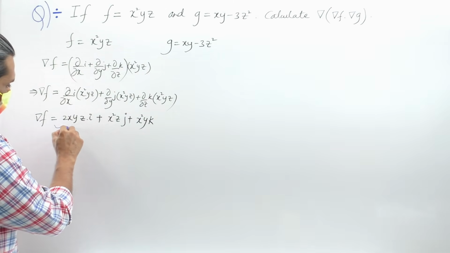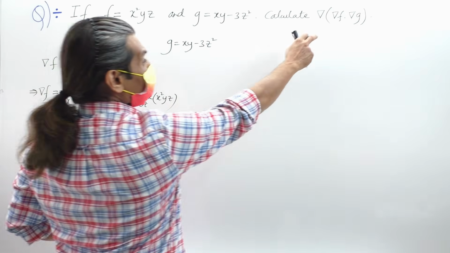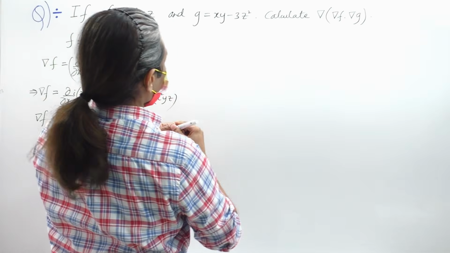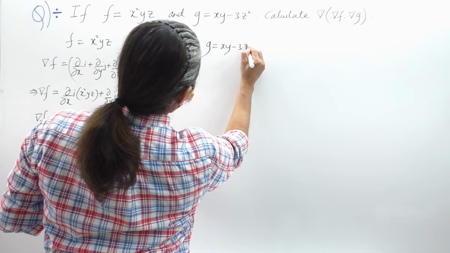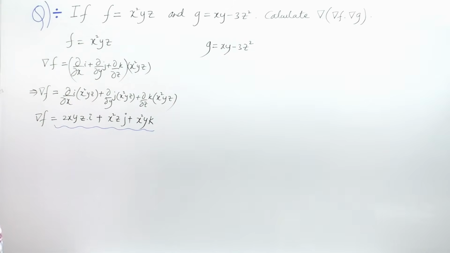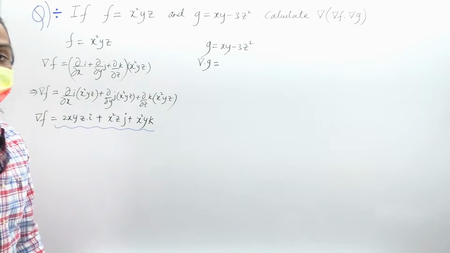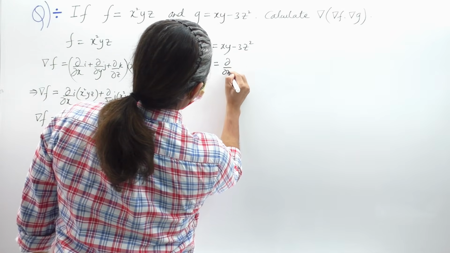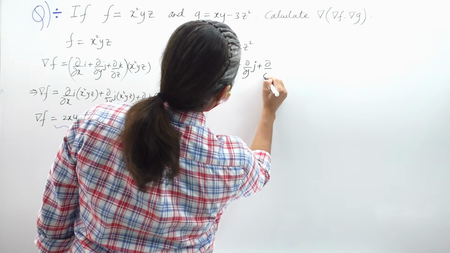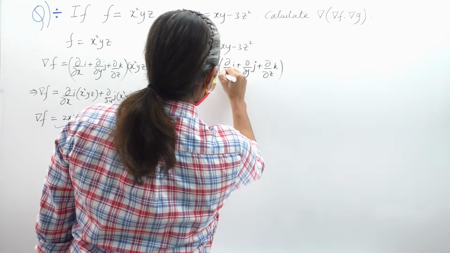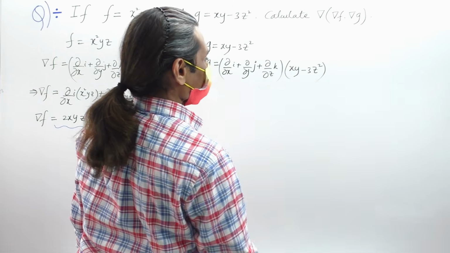Okay, fine. Now let's find del of g. Right here, we have g equal to xy minus 3z square. Again the same stuff: del of g is equal to, the meaning of del is dou by dou x of i plus dou by dou y of j plus dou by dou z of k, whole into xy minus 3z square.